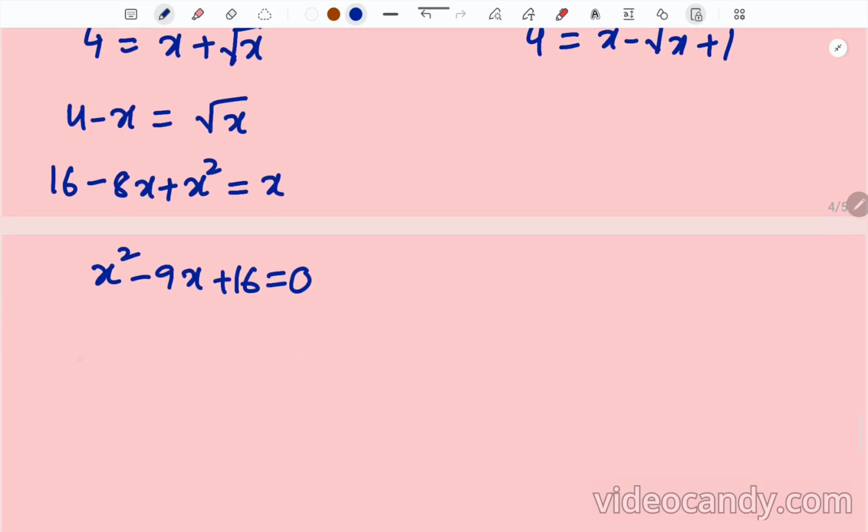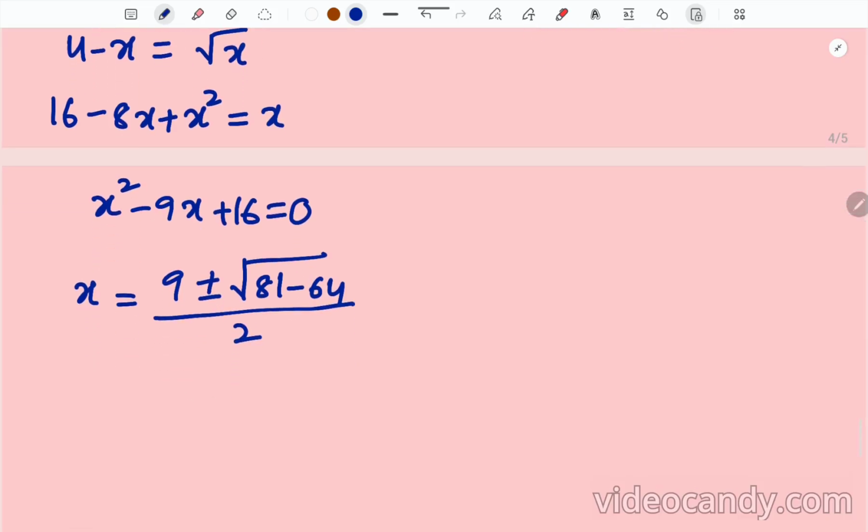So if you solve this for x, you will get 9 plus or minus root of b square, it is 81 minus 64, that is 4 into 16, by 2. So on simplification, you are getting the value of x as 9 plus or minus root of 17, by 2.